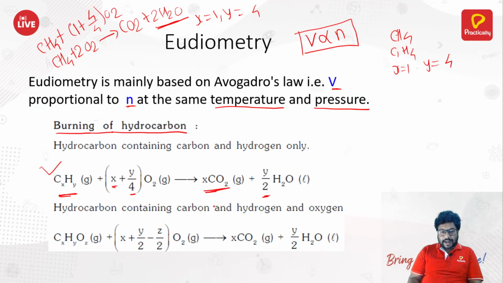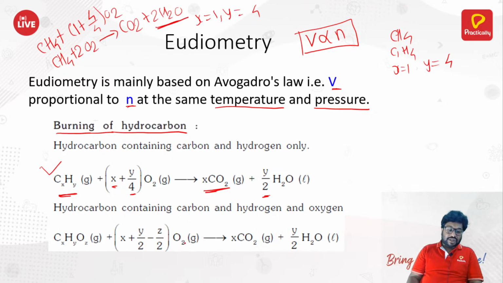So if you have that hydrocarbon or alcohol, then you have CxHyOz, where x, y, and z indicate the number of atoms of carbon, hydrogen, and oxygen respectively, plus (x plus y by 4 minus z by 2) moles of O2.